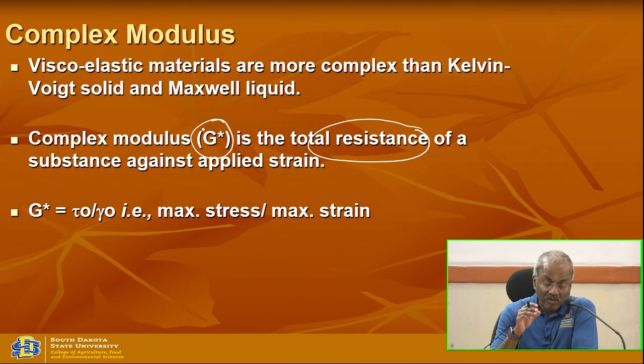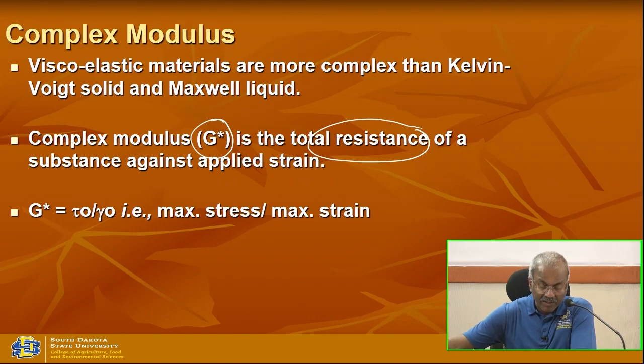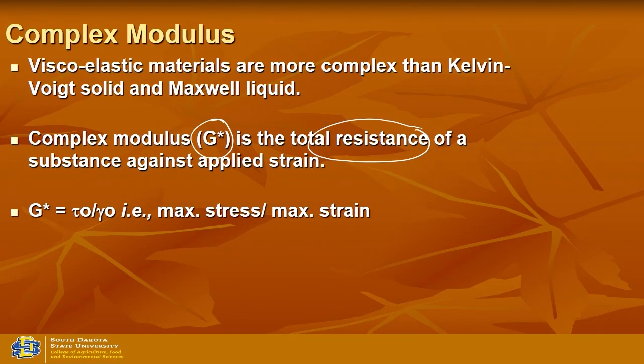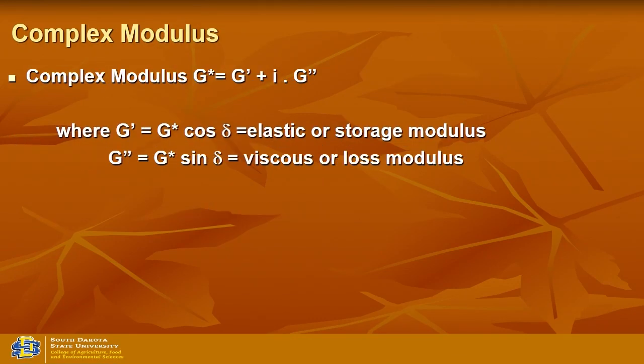And the complex modulus has both the Kelvin-Voigt solid and Maxwell liquid, one is the real part, the other one is the imaginary part, and from there you can split them out. So the complex modulus G star is the elastic modulus plus the imaginary part, the viscous modulus.